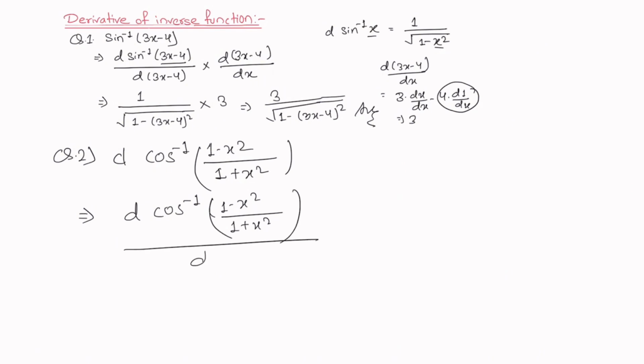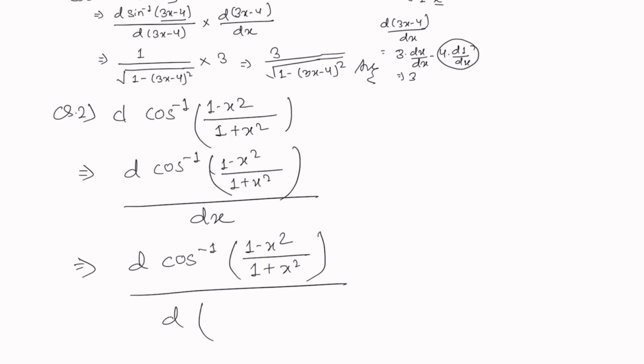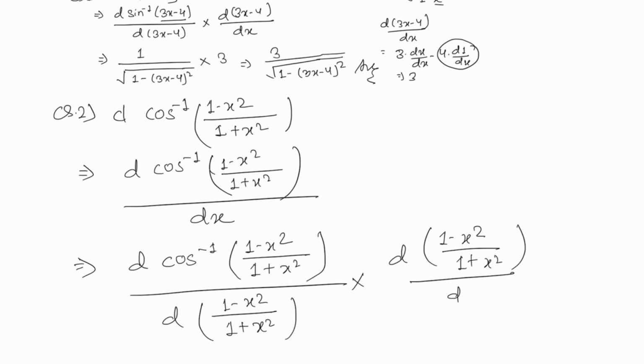Now how will we do its derivative? We will split it. We have the derivative of cos inverse of (1 minus x square upon 1 plus x square) times the derivative of (1 minus x square upon 1 plus x square) dx.